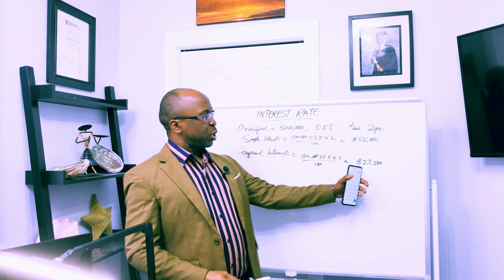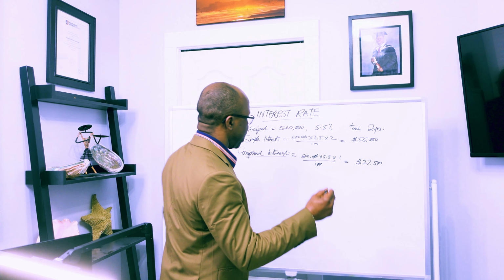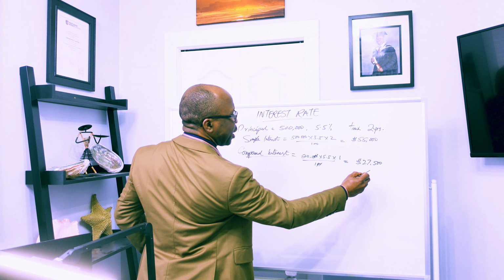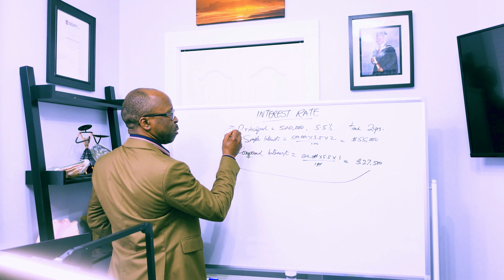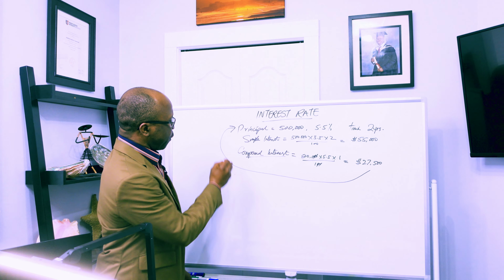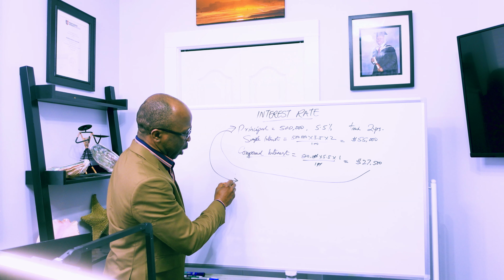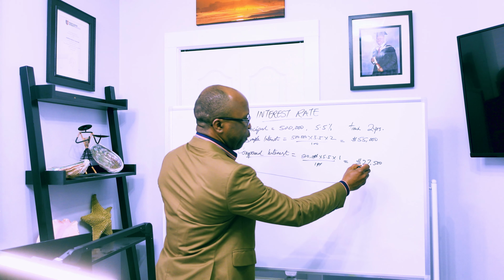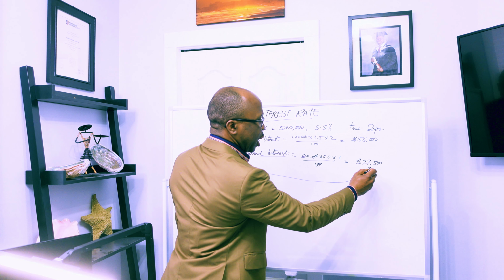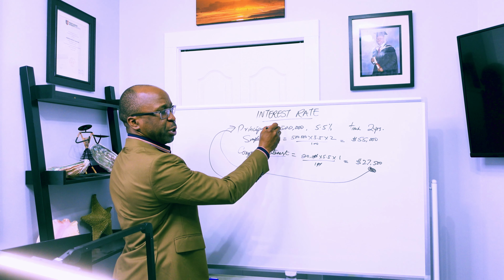Now we take 27,500 and add it back to the principal to give us what? A new principal. So we go from that interest that we got there, add it back to the principal.